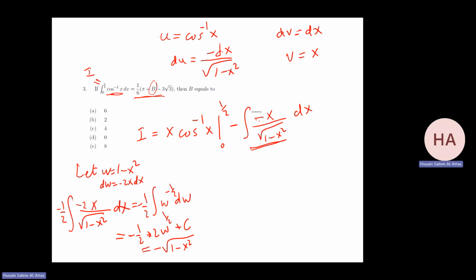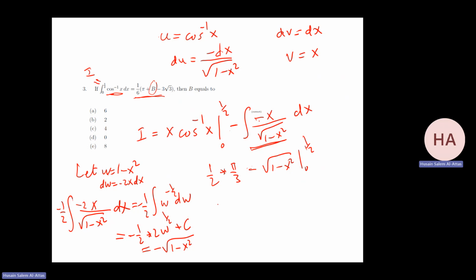So now substitute. You have what? Half cosine inverse of half, that will be pi over 3, so pi over 6. Minus 0, 0 times 1, which is 0. This one is minus square root 1 minus x squared from 0 to half.